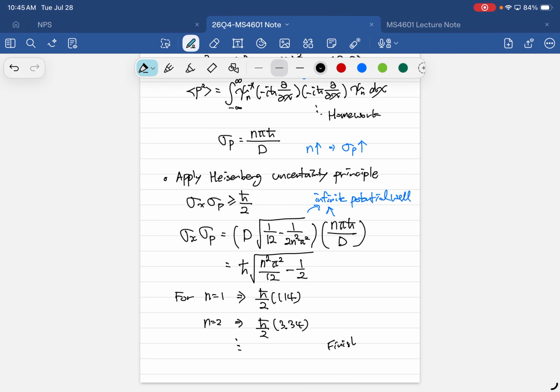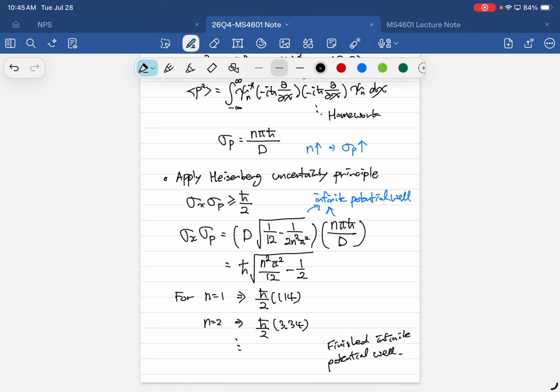So up to this point, we have finished the infinite potential well. Now we are going to consider other cases: what if the wall height is not infinity?